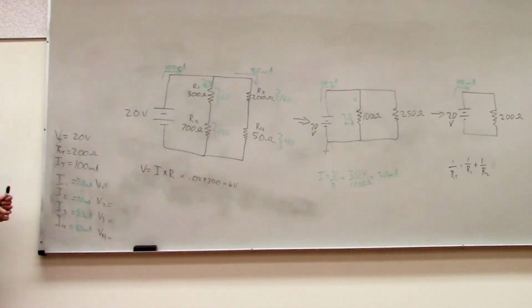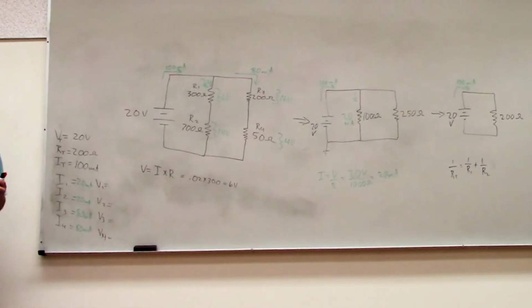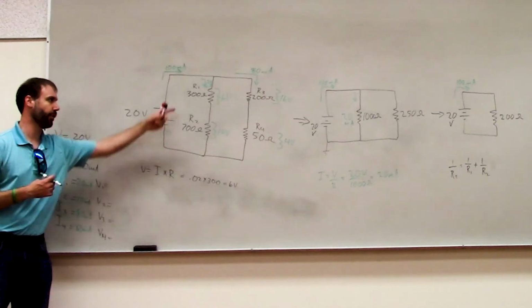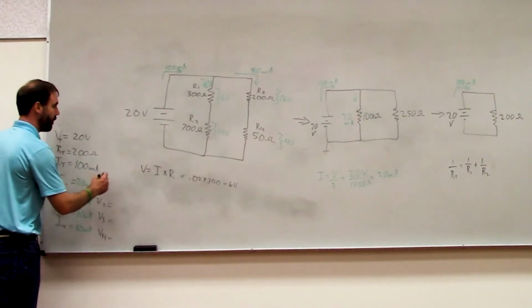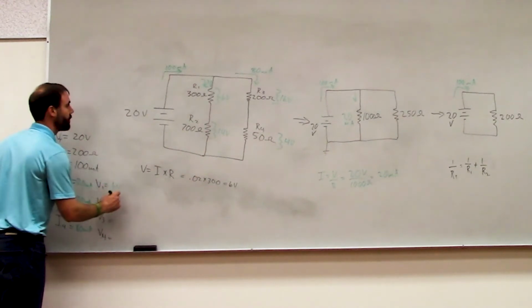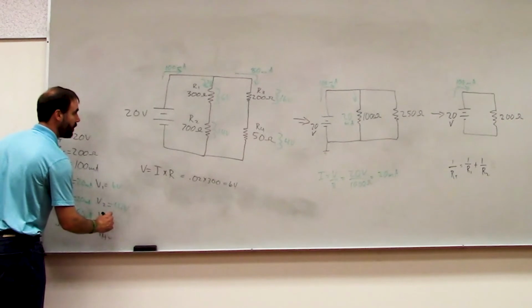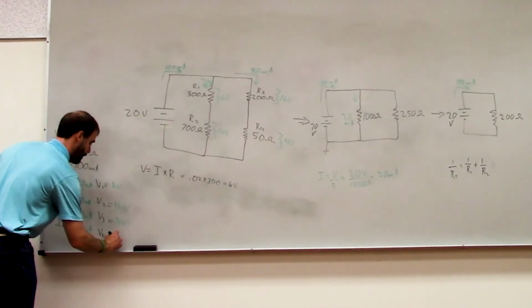So those are the voltages for each of the resistors. Any questions about that? I didn't do out all of the calculations because it's just the same formula over and over again, but that's how it comes out. So 6 volts, 14 volts, 16 volts, and 4 volts.